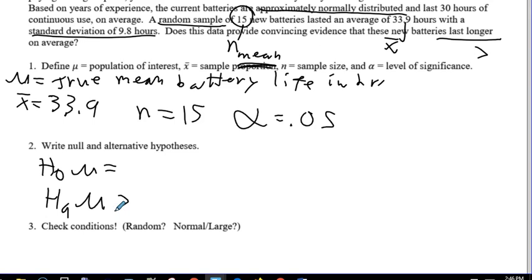The 30 hours that they say they last. But we're hoping it's going to be longer. Remember, those numbers are always the same. When you're doing your H0 and your Ha, the number is the same. You don't change that.